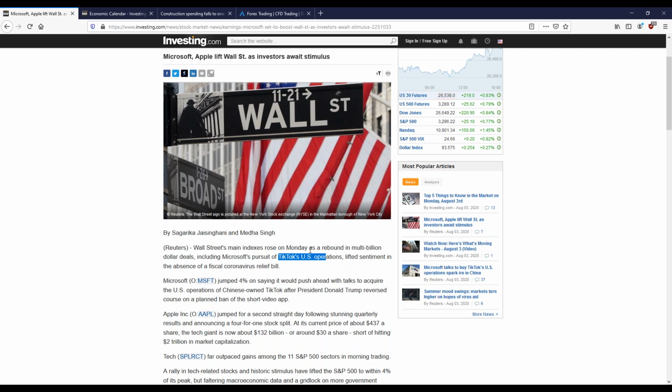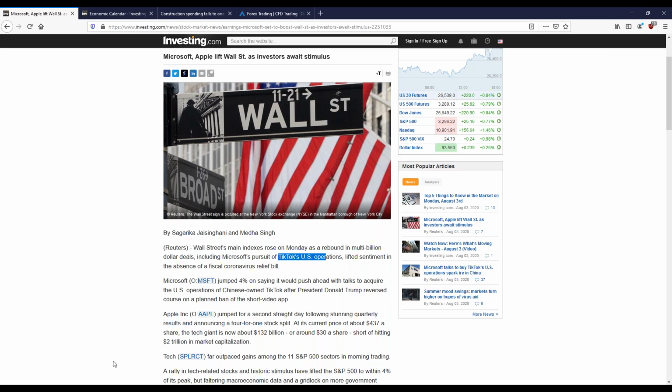And so this has created a situation where Trump first said he was just going to ban it and make it illegal in the US to have that app. Then now they're saying, okay, well, as long as they sell it to a US company, and Microsoft has come into the mix as maybe the one who could buy and get ownership of this app.